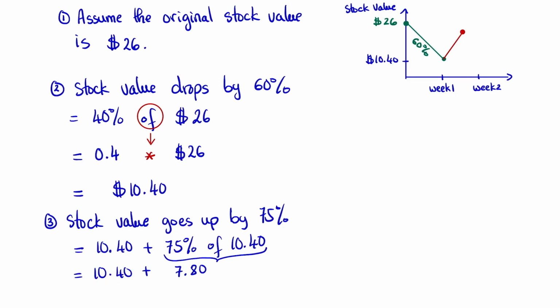Now I take 10.40 plus $7.80, which is $18.20. So this value right here is $18.20. So is this price lower or higher than the original one? 18.20 compared to 26, of course it is lower.